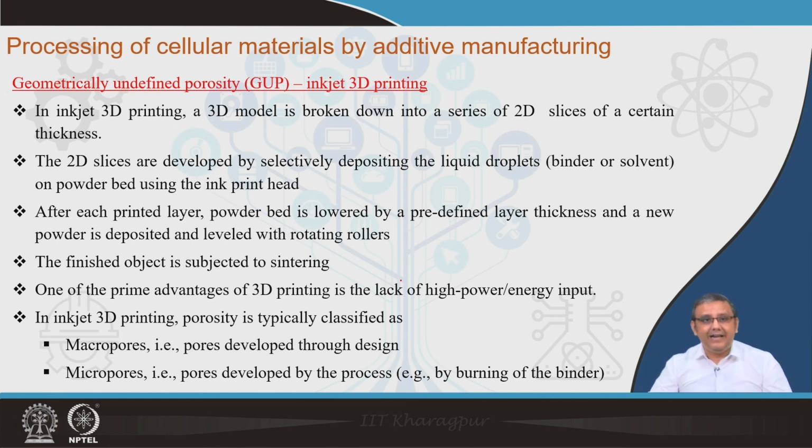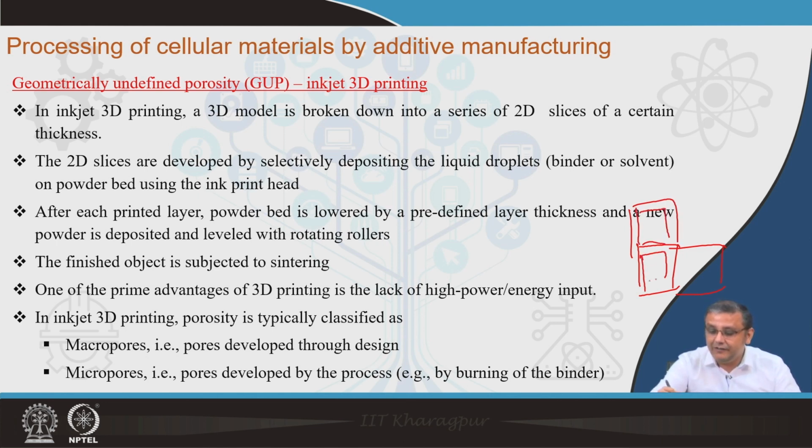With this technique, as we will also see for the other techniques, we can have 2 different kinds of pores, that means macropores and also micropores. These macropores are the GDLSP pores, because these are the pores developed through the design. That means when we design a 3D component, for example with cells drawn side by side and individual struts, all these pores are the macropores and these are our GDLSP pores.